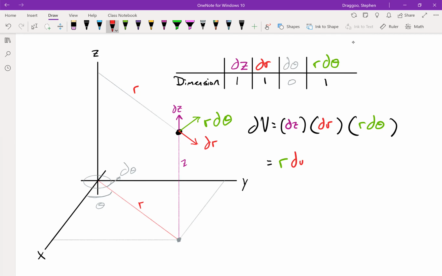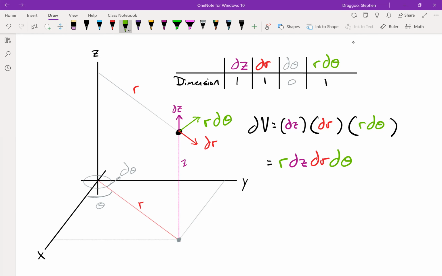We can go in any order, so let's keep the order that we had there: r dz dr d theta, since it doesn't matter.